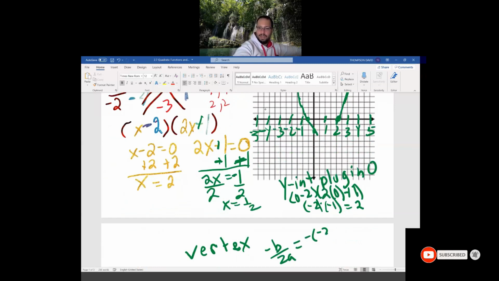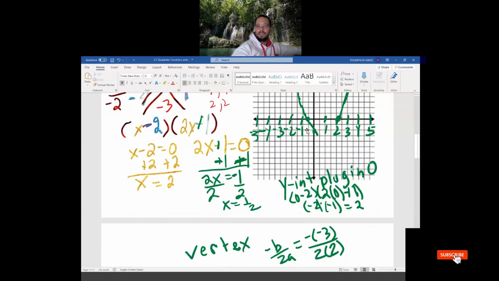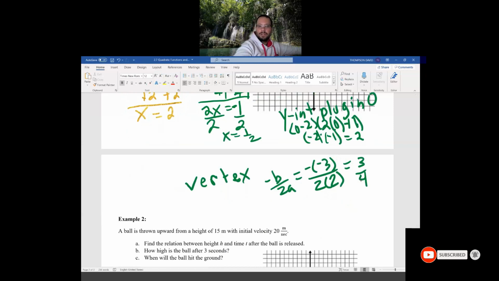So now we plug that into our equation to get our y-coordinate. We have 2 times 3/4 squared minus 3 times 3/4 minus 2.